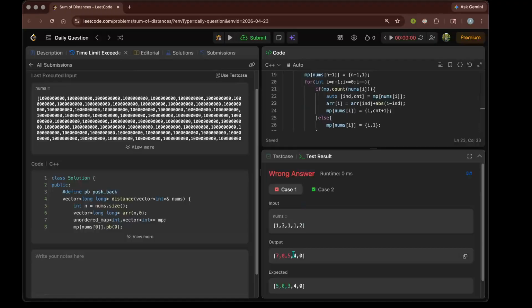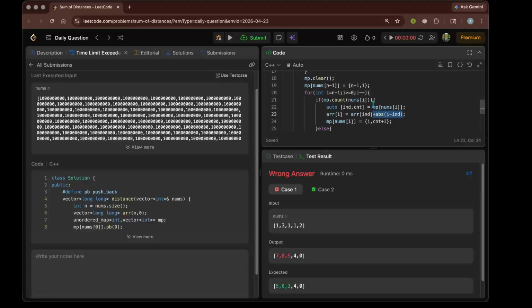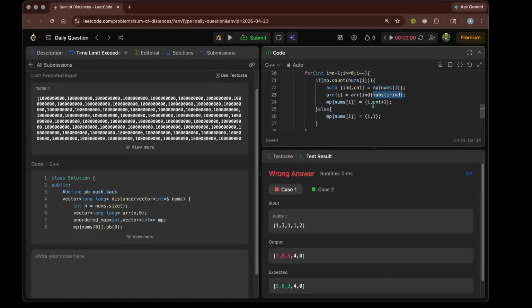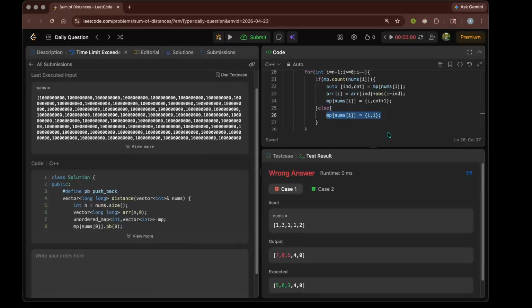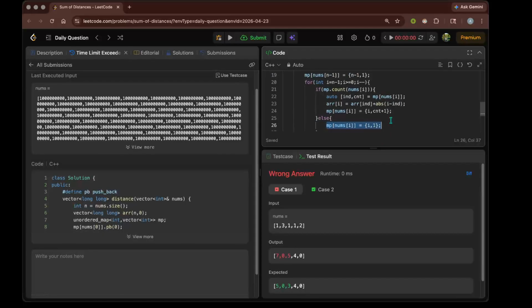Oh man, 3 plus the index difference, that is, hmm.